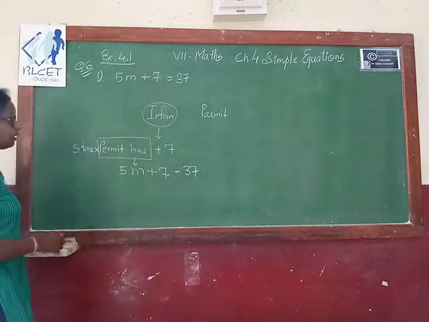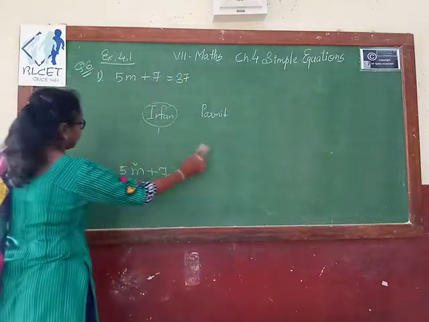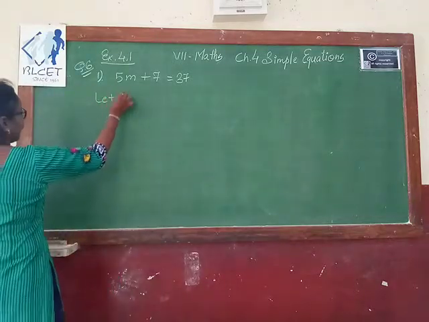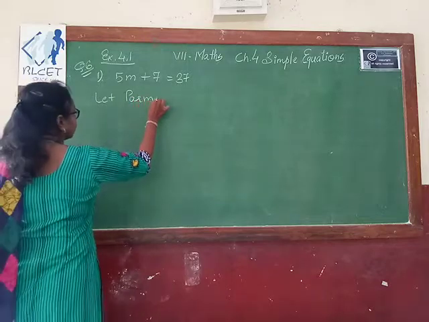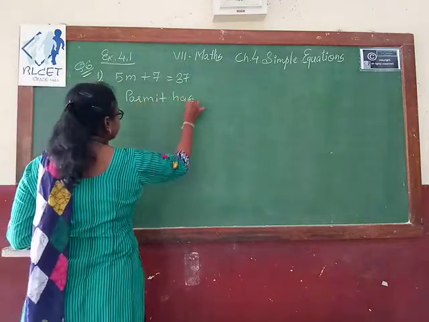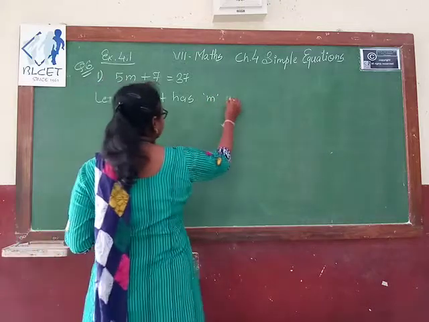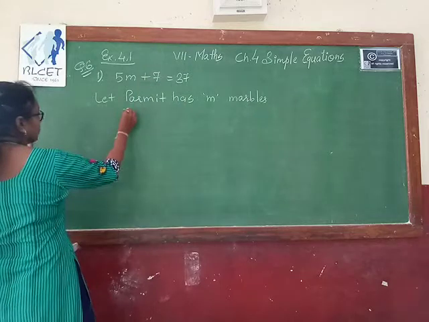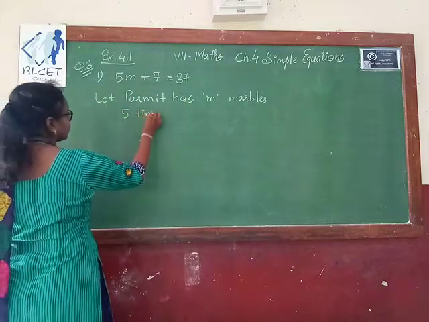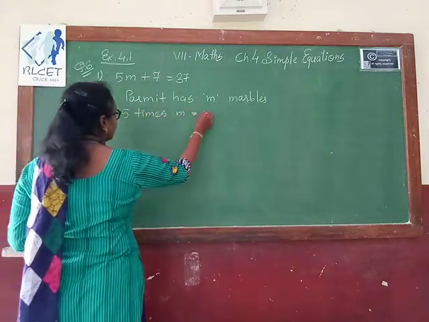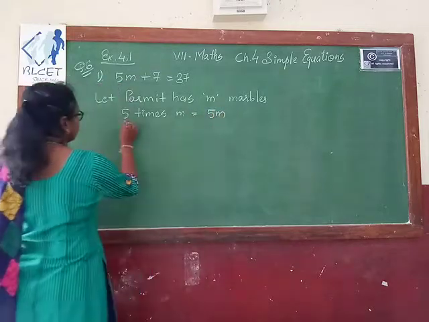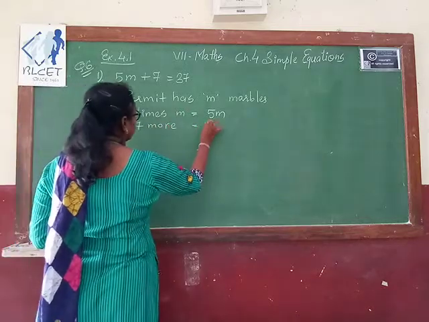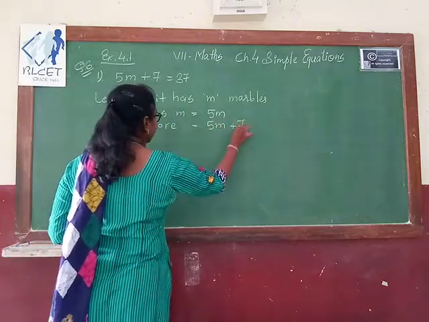If you want, you can write the answer in this way. Let Parmeet has n marbles. 5 times n is equal to what? 5n. 7 more is equal to what? 5n plus 7.